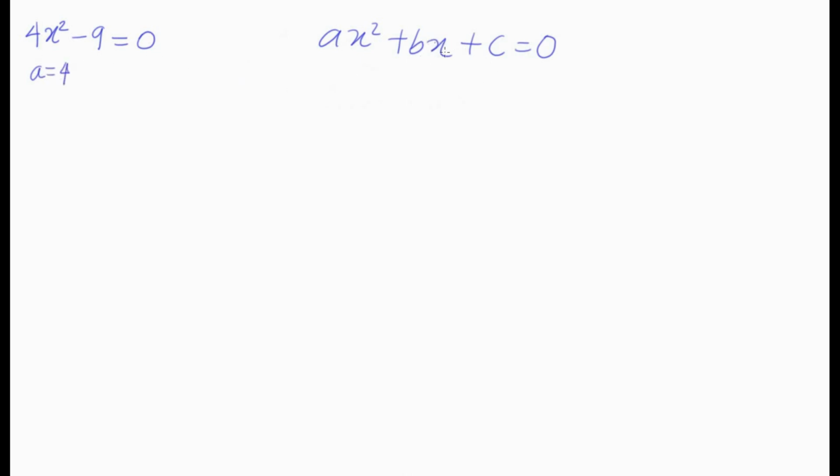Here the constant value in front of x is b. Here we do not have a constant value in front of x, or basically we don't have a coefficient of x, because that term doesn't exist. And because that term doesn't exist, we assume that the coefficient of x in this particular equation is 0, because if it was a different constant, we would multiply it by the unknown, which in this case is x.